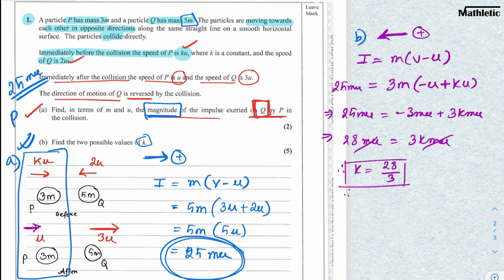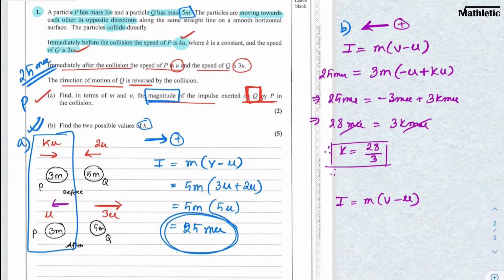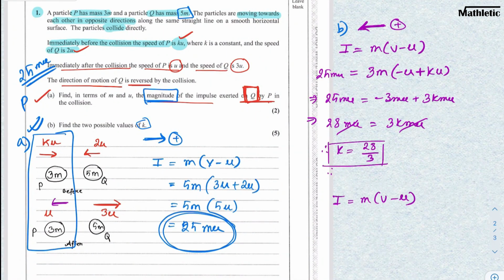We will solve this again, considering that P's direction has been reversed and it's moving towards left. Impulse exerted on particle P by Q is towards left, so I will still select left side as my positive direction. So impulse is 25mu. M is the mass, which is 3m.